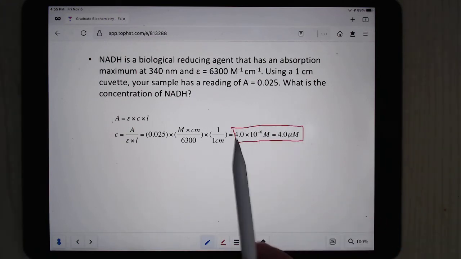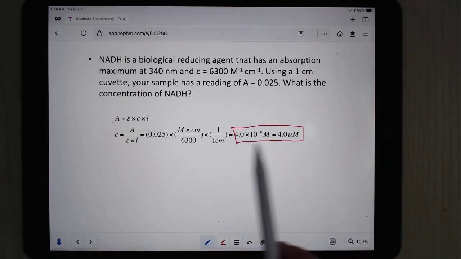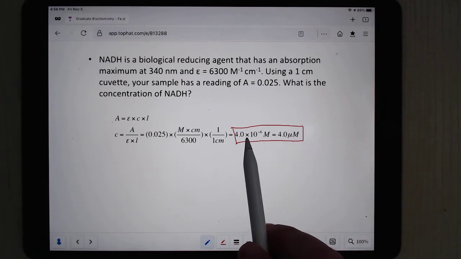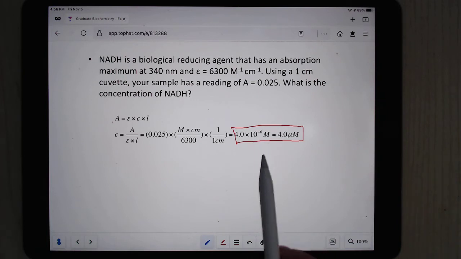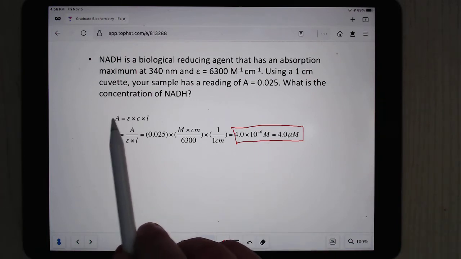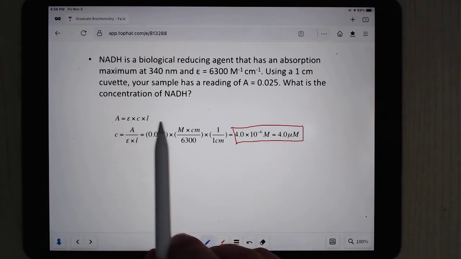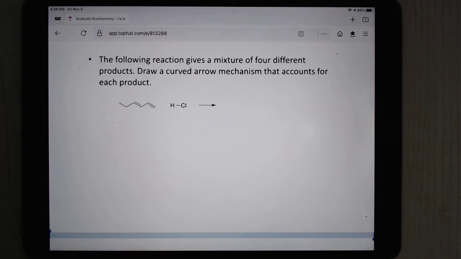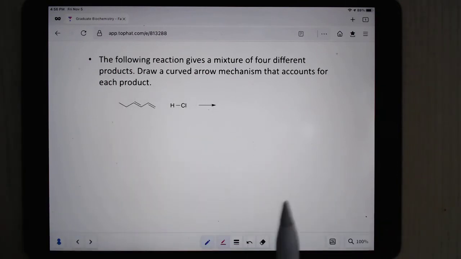You can either put it into scientific notation where your calculator gives it to you, or you can be all fancy and put micro, because micro means times 10 to the minus 6. Okay. So usually you get 3 of these values, and you just have to find the 4th. So for this one, the way you solve these is exactly the same.